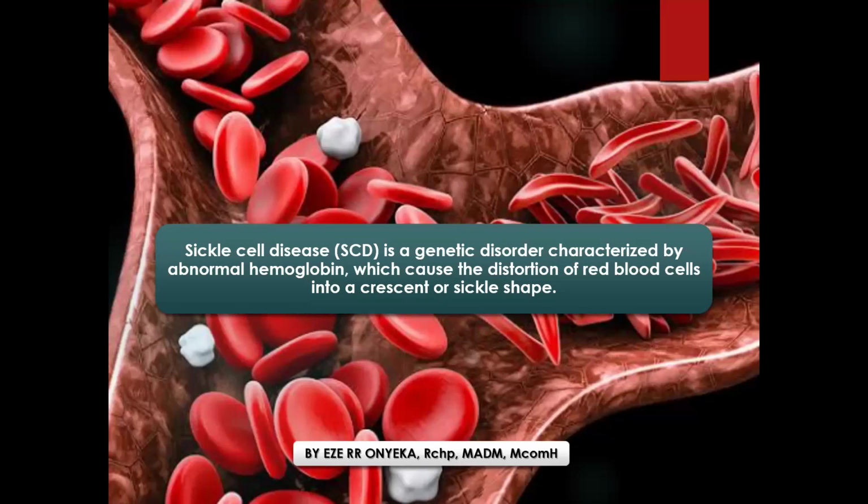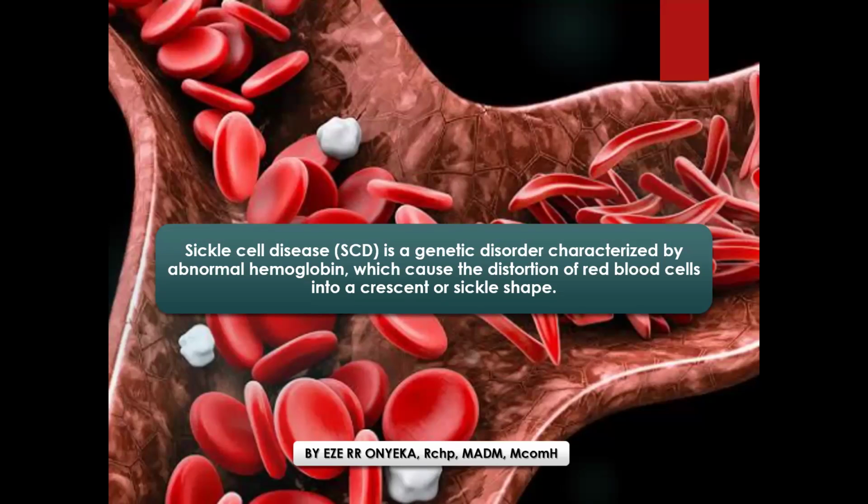Now let's also look at how this sickle cell happens. This sickle cell disease happens through changes in the hemoglobin. First, hemoglobinopathies, which you all know are issues with hemoglobin, we can group into two: qualitative abnormalities and quantitative abnormalities.